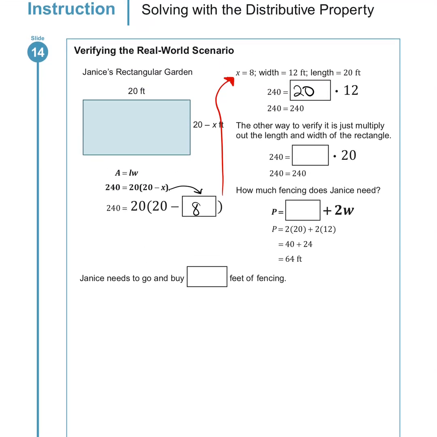So they move up here. We have 240 equals 20 times 12. And if you were to actually just do 12 times 2, you would get 24. Include that 0, and there you go. You can still see. Now, the other way to verify it is just multiply out the length and the width of the rectangle. So that would be 12 times 20, 240 equals 240.